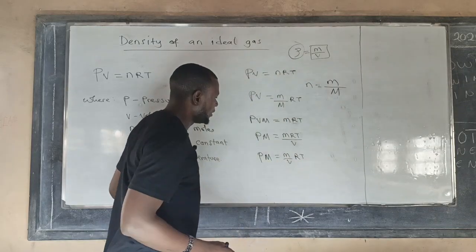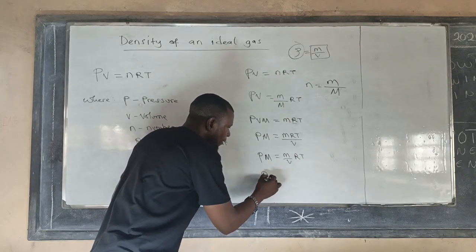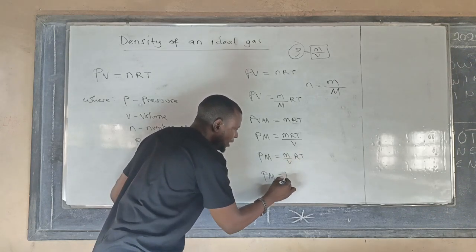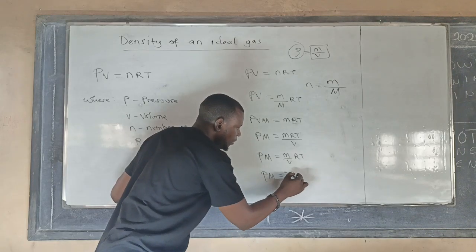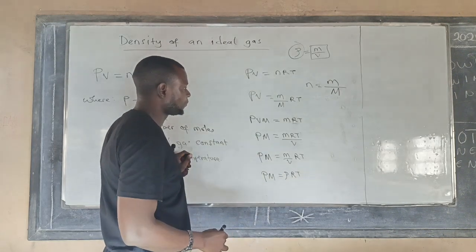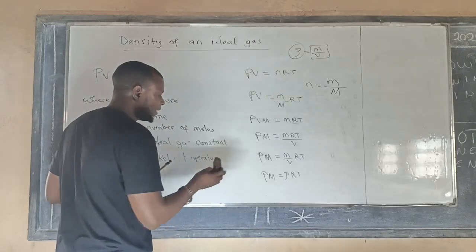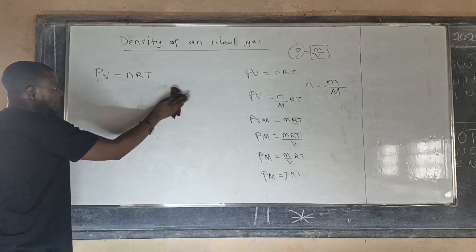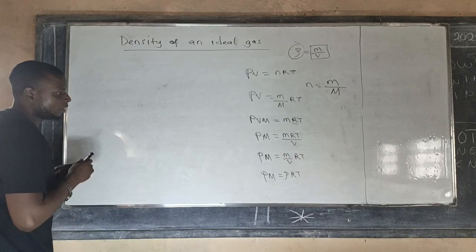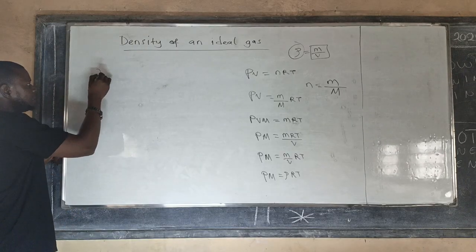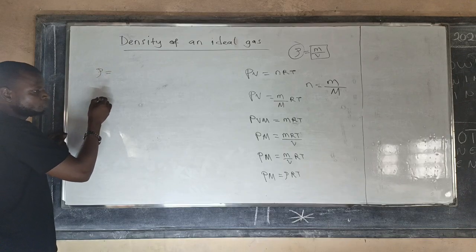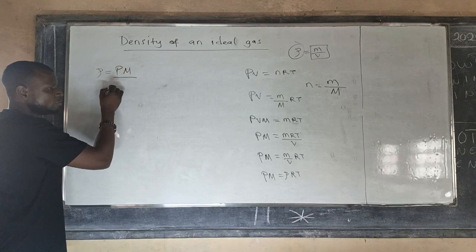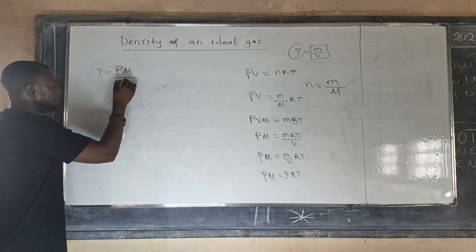So where we have mass over volume, we replace it by density. We'll say PM equals density multiplied by RT. After that, all we have to do is make density the subject of the formula. Doing that, we have density equal to pressure multiplied by the molar mass, divided by RT.